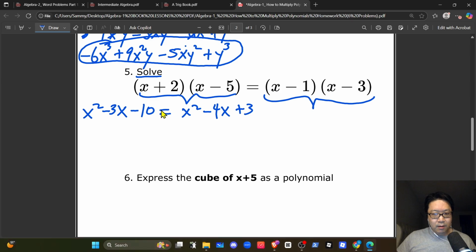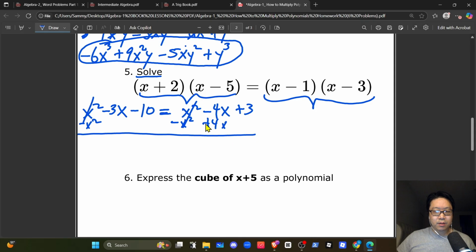Now we can isolate our x value and move our constants to the other side. So we're going to subtract x squared from both sides. They cancel out. We're going to add 4x to both sides.